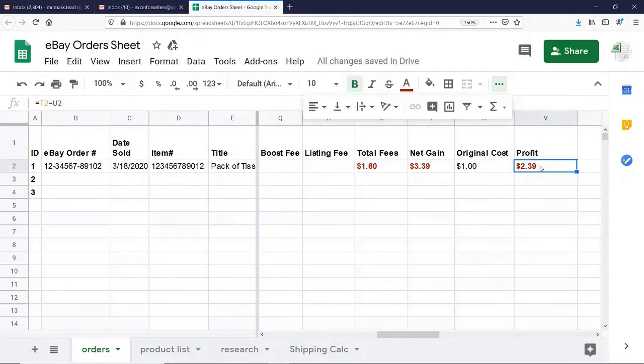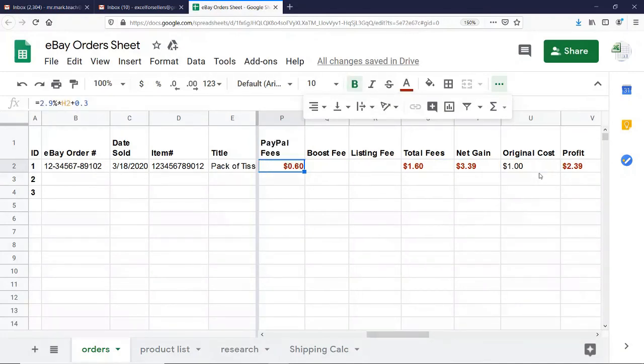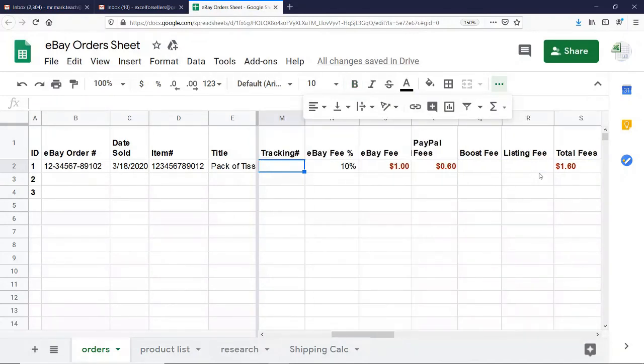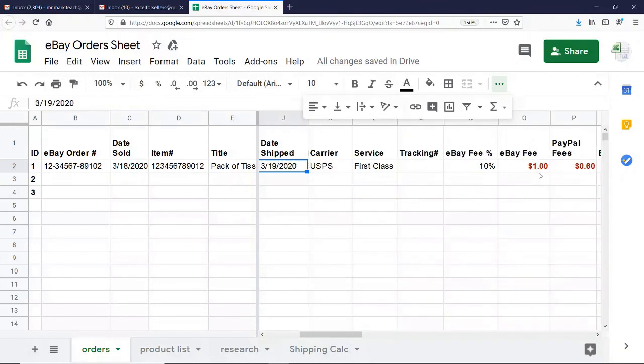And yeah, if you want to immediately know what the fees are for this thing that you sold, how much you made off of it, your profit, it's a powerful thing to be able to do that. So that is basically how this works.